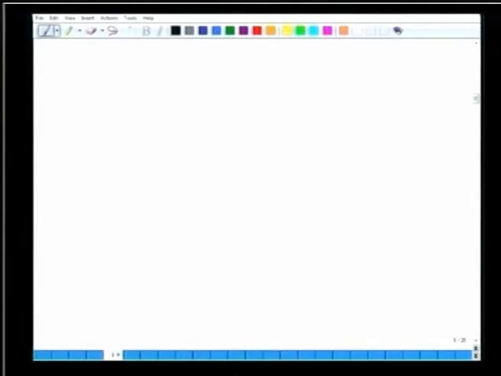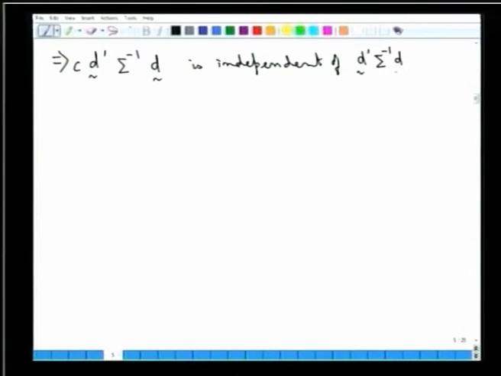So what can we say? This will imply that this D prime, then the inverse of that quantity, which is C inverse sigma inverse D, that was the term there, is independent of the term which we had first defined, that is D prime sigma inverse D divided by D prime S inverse D. Why is that so?